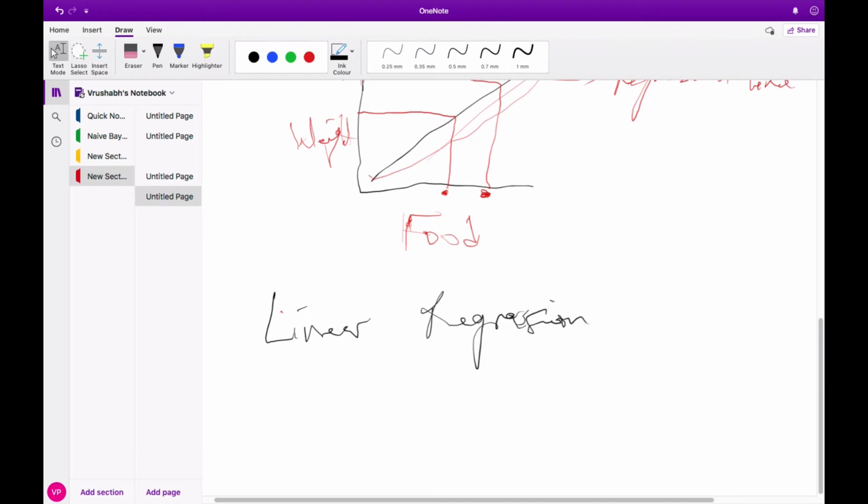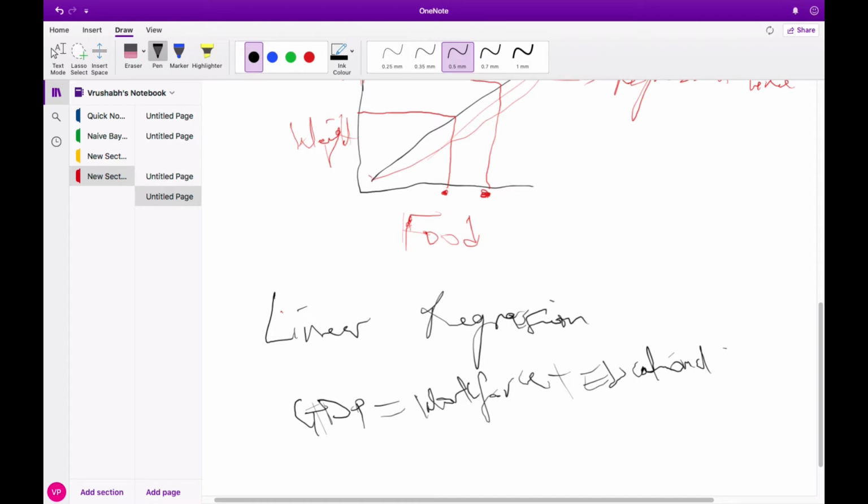If you remember in the last video, we talked about the GDP of a country. So let's take that and see what we talked about in that class. We say that the GDP of a country gets influenced by so many factors, maybe including the workforce of the country, plus maybe the educational system of the country.